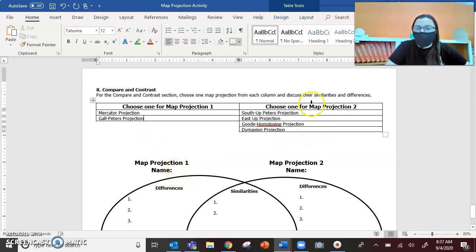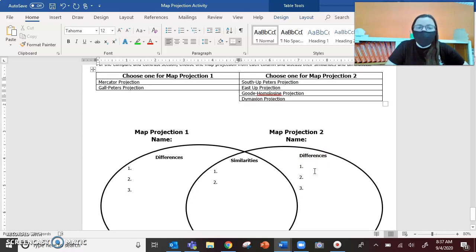Then you'll pick a map from this column, either the South Up, the East Up, the Goode Homolosine, or the Dymaxion. When you pick it, put that one here. You are going to notice the differences between the two maps that you've chosen. You'll write those here and here. And then you're going to find 2 similarities between the maps. So 2 things that the maps have in common. You'll put those here.